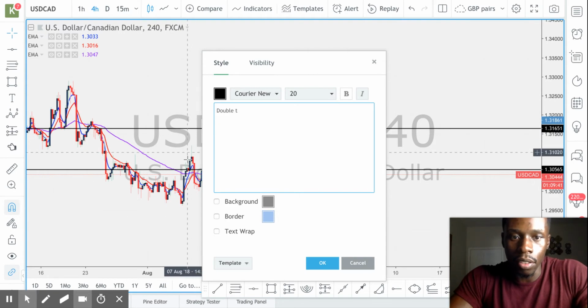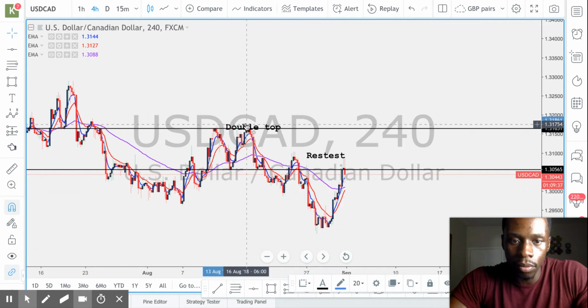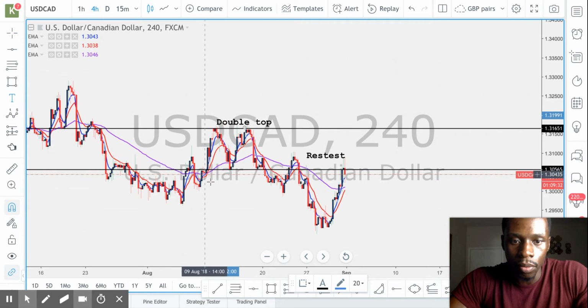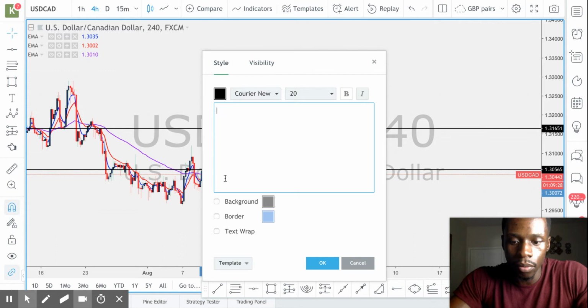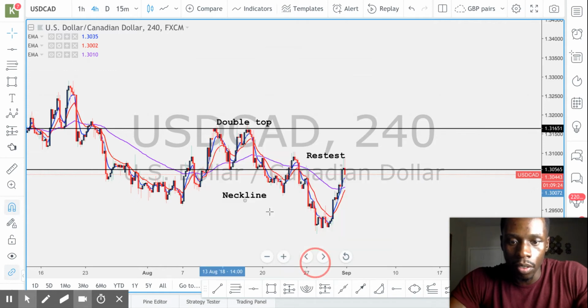This is a double top. And then right there, consider the neckline.